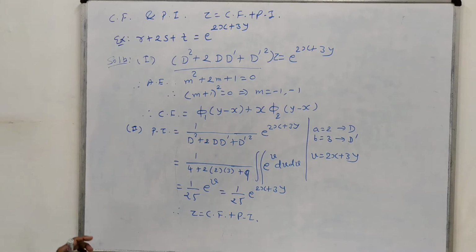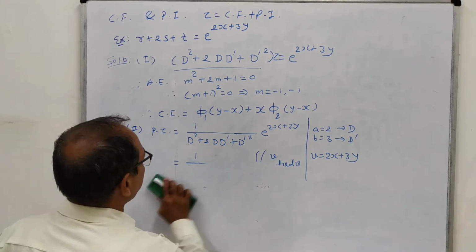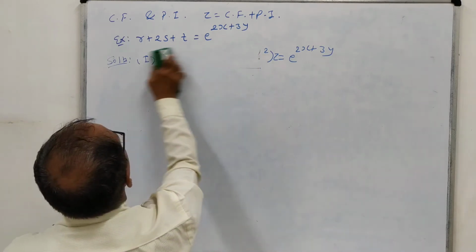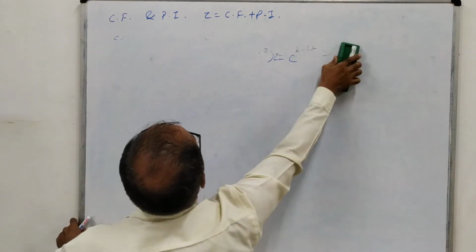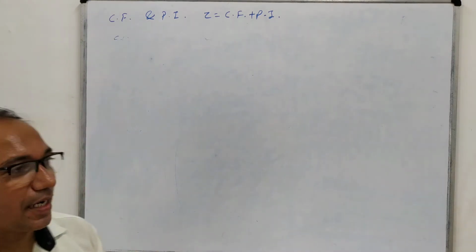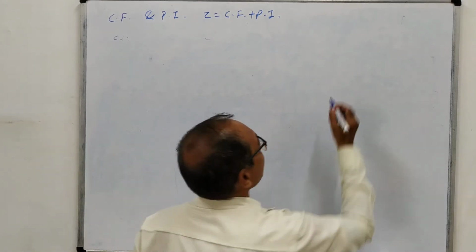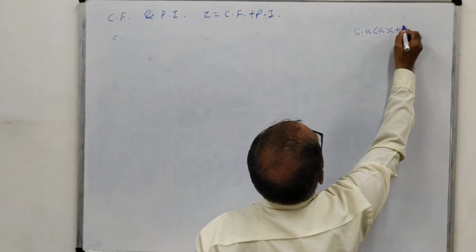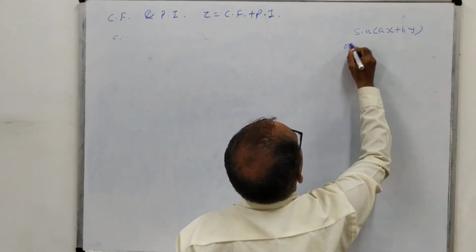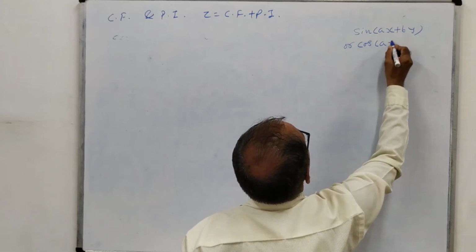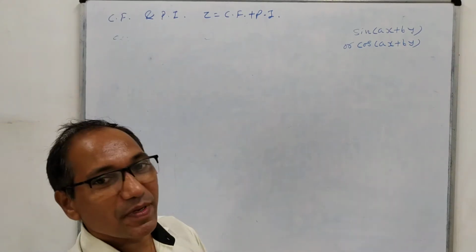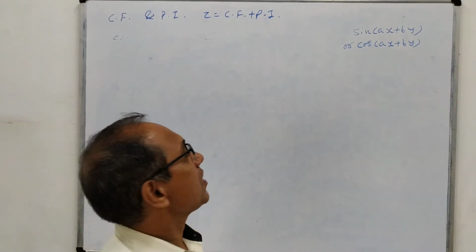Now let us see one more example. When we are given on the right hand side sin(ax plus by) or cos(ax plus by), in this case we will not replace D by a and D dash by b.